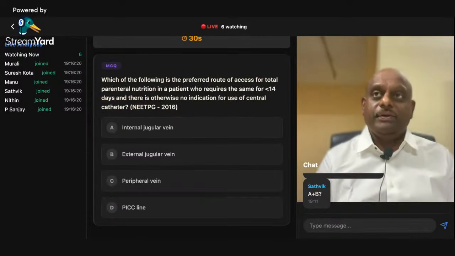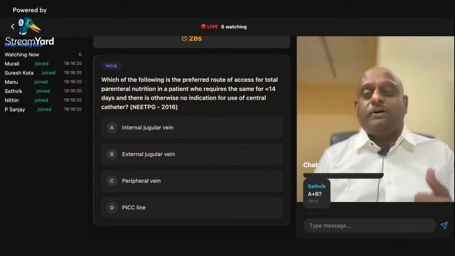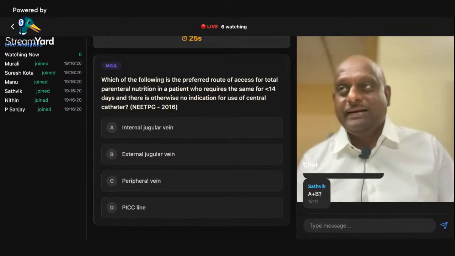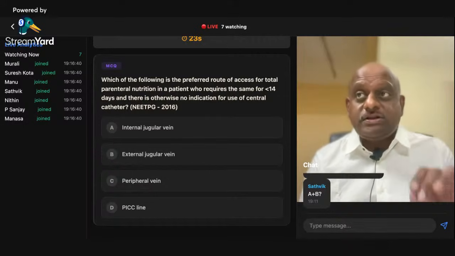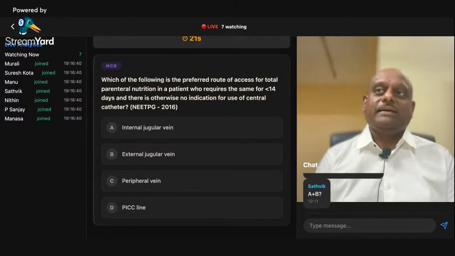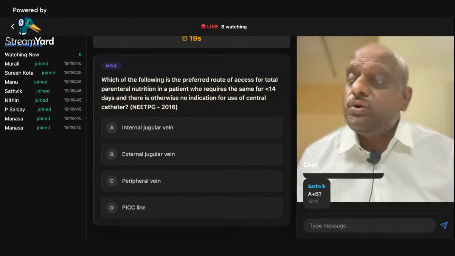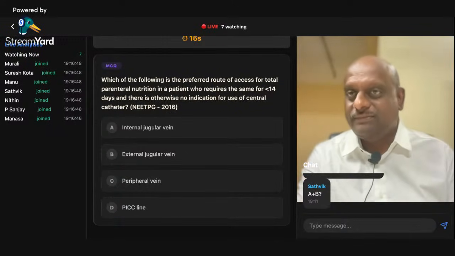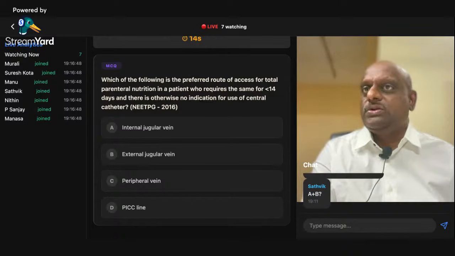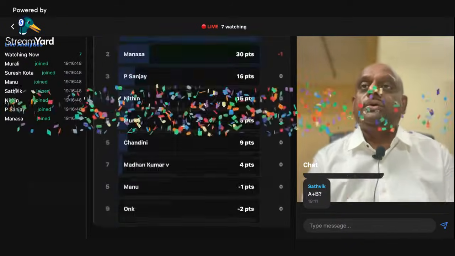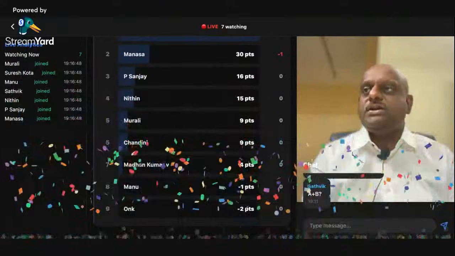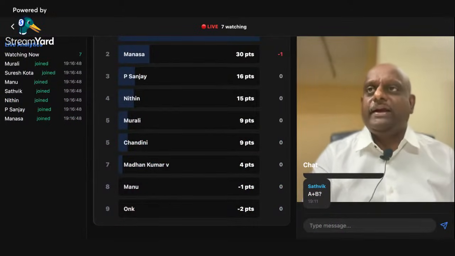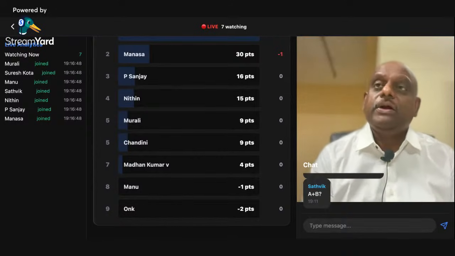Now, doctor, what is the preferred route of access for total parenteral nutrition in a patient who requires it for less than 14 days, and there is otherwise no indication of a central catheter? What is your answer? Good. So you should know Satvik is right. Peripheral vein is the way which you need to remember.